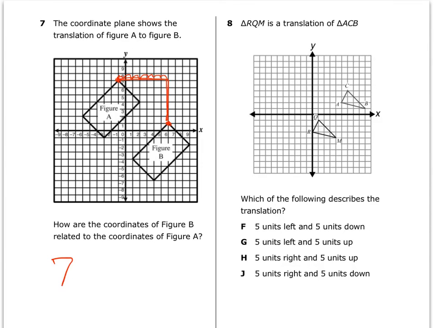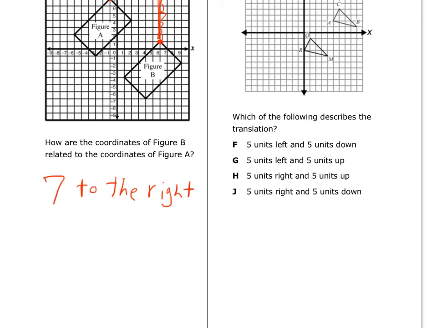In what direction? Right. 7 to the right. And then 1, 2, 3, 4, 5, 6. 6 in what direction? Down. That's it. Now what kind of transformation was that? That is a translation or slide.